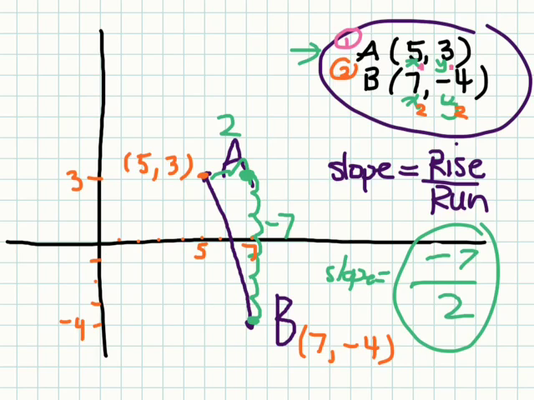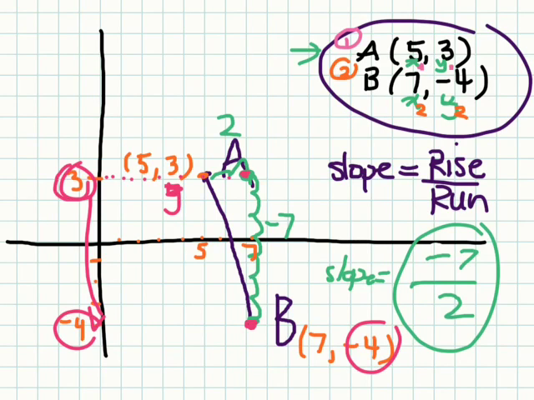When you are counting the rise, we're going from 3, which was y, all the way down to -4, which was also y. We're drawing it visually. We're going from 3, this point was at 3 for the y values, right? We're looking at our y values right now, which is our rise.